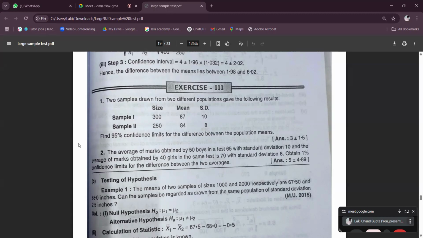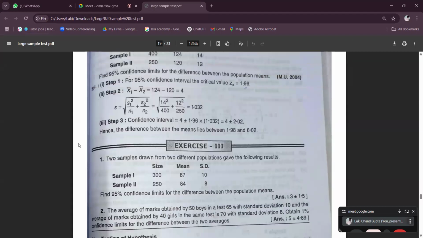See, for x bar only take minus. So x bar will be 300 minus 250.